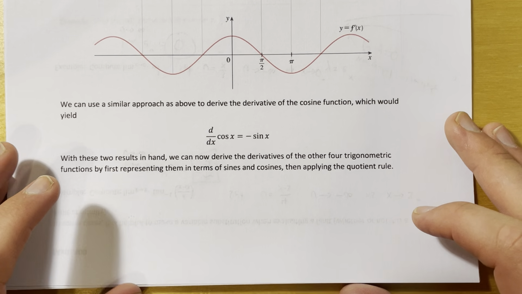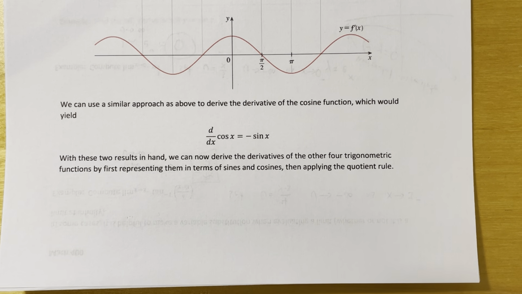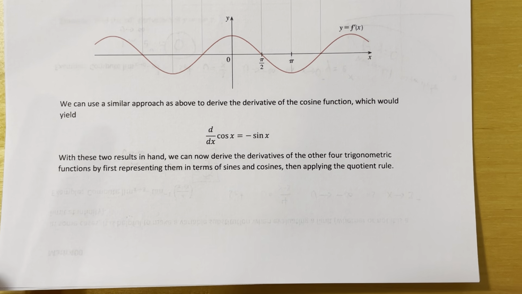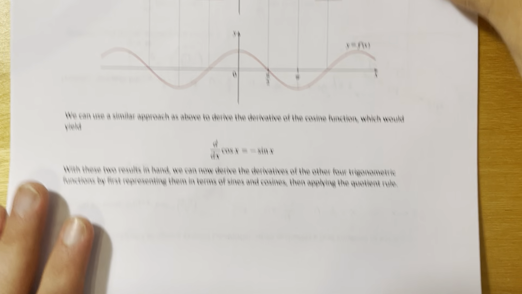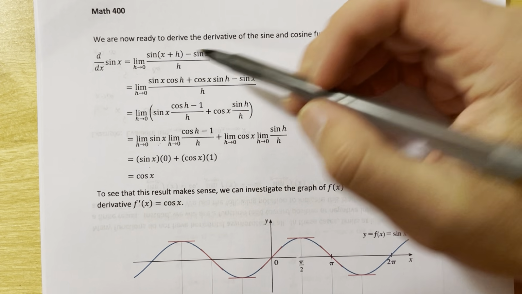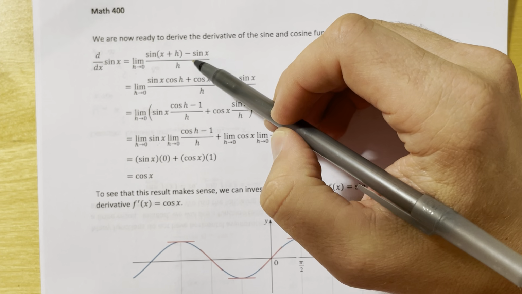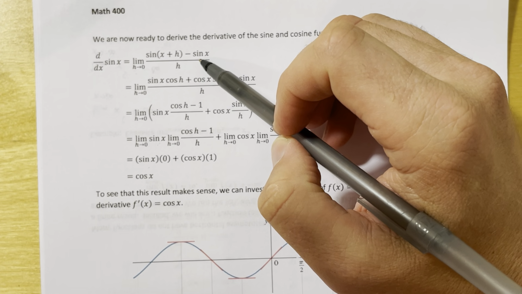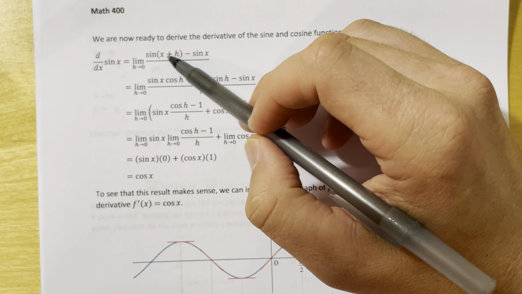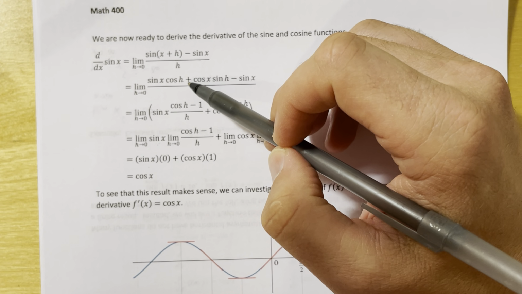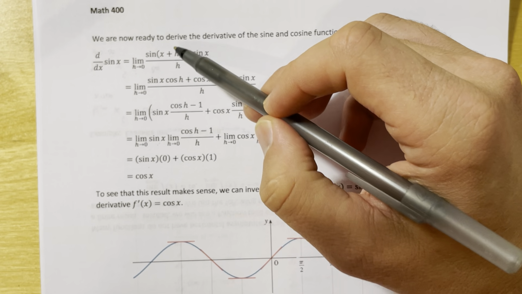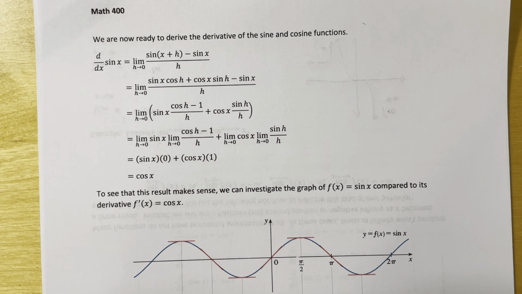Okay? Now, the next thing we would want to do is derive the derivative of the cosine function, but the approach would be essentially the exact same as what we did up here. Notice instead of having a sine here and here, I would have cosines here and here, and I would be using my sum identity for cosine instead of for sine. So this would look a little bit different, but the idea is the same. And then I would go through similar simplifications.